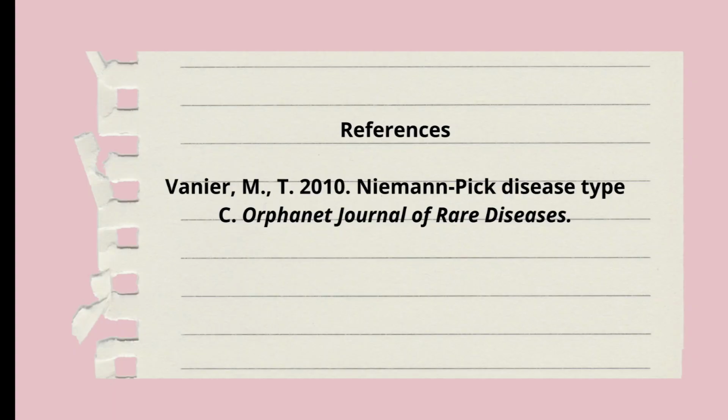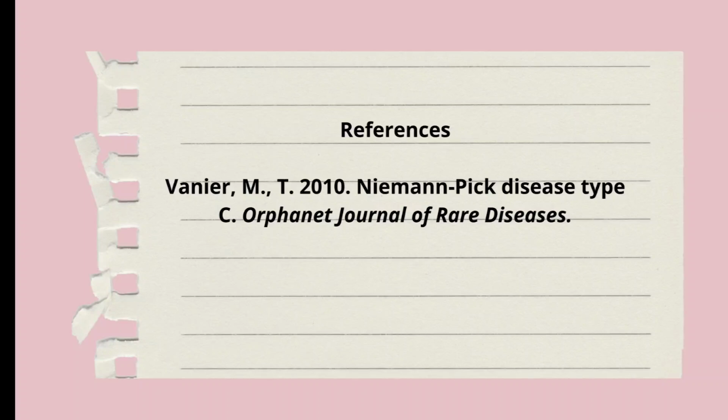Okay, once again, let me read the conclusion again. Niemann-Pick disease type C is a rare genetically inherited condition caused by mutation in the NPC1 or NPC2 genes, which impair intracellular cholesterol transport.